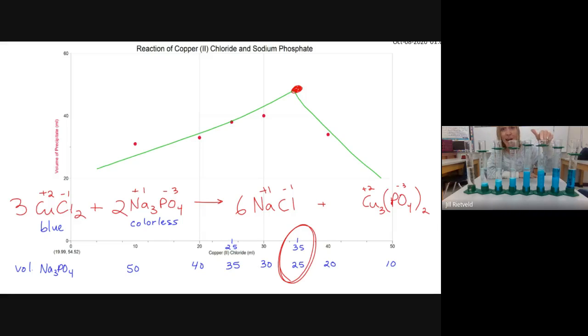That's this guy. Now they might say, how does that ratio correspond to the ratio from the balanced equation? Here we see the balanced equation, and it's a 3-to-2 mole ratio. Of all of the ratios that I used, and I was trying to keep them pretty simple, that 35-25 is closest to the 3-to-2 ratio in the balanced equation.